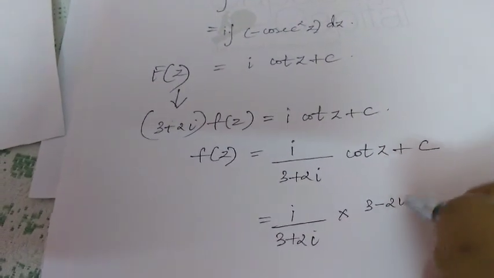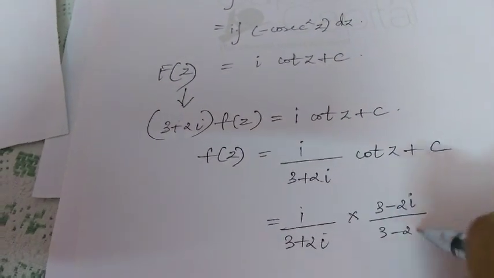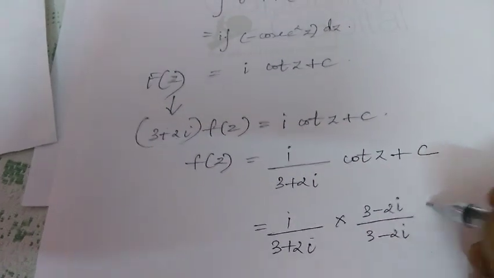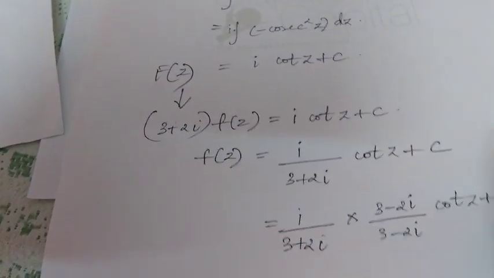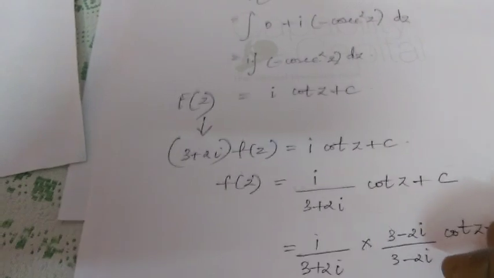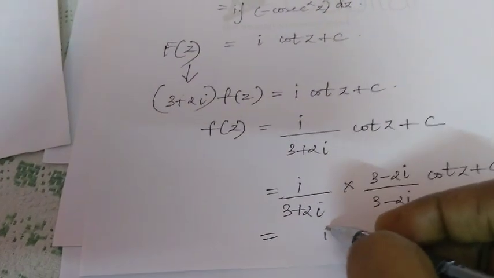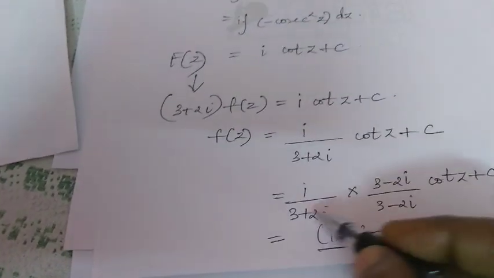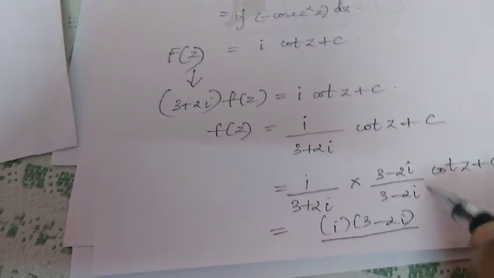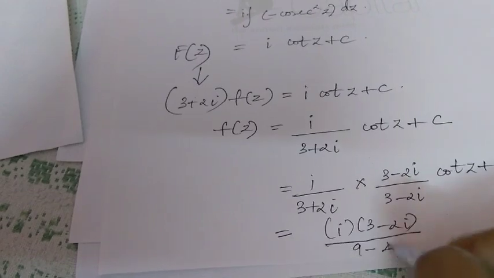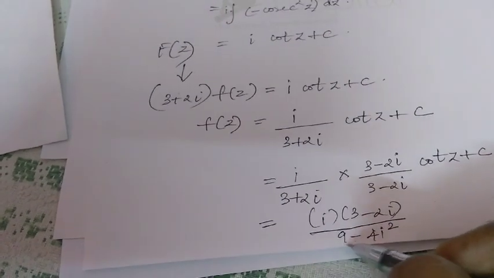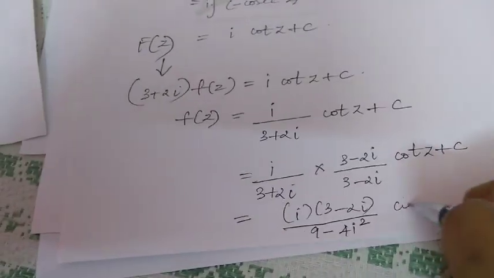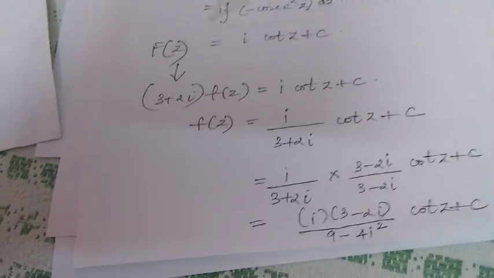The conjugate of 3 plus 2i is 3 minus 2i. So it is i into 3 minus 2i, by, here a plus b into a minus b is a square minus b square, so 9 minus 4i square, cot z plus c.